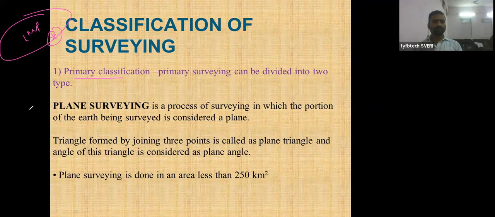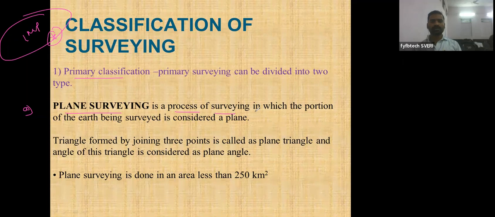Primary classification. Here, A, plane surveying.